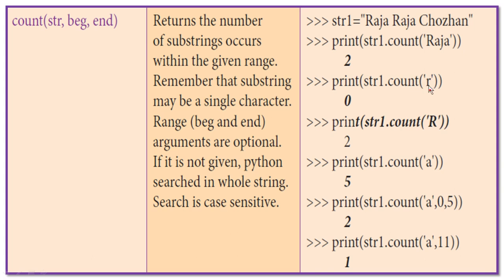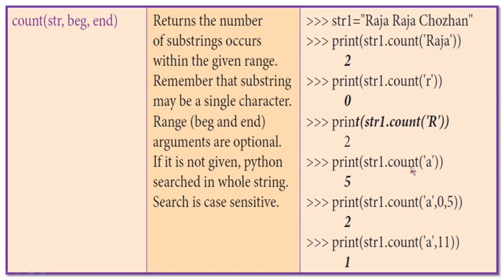Here the character r should be searched in Rajaraja Cholan. There is no small r here, so the count is 0. In the third example, print str1.count of capital R. Capital R occurs 2 times, so it returns the value 2.